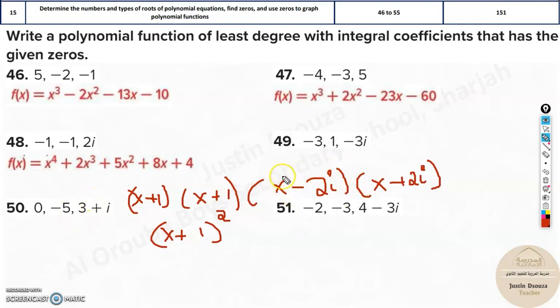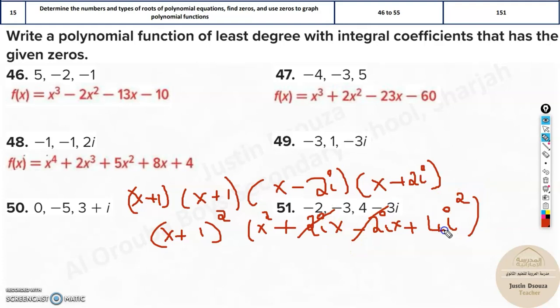So I will show you the multiplication, x times x. So it'll be x square over here, then plus 2ix, then this one minus 2ix, and lastly we have plus 4i squared. Always these middle terms get cancelled, and what is remaining? 4i squared.